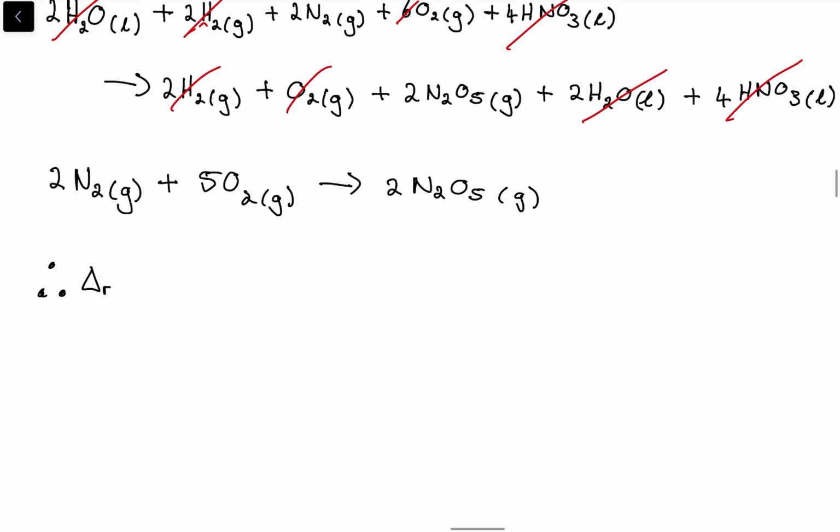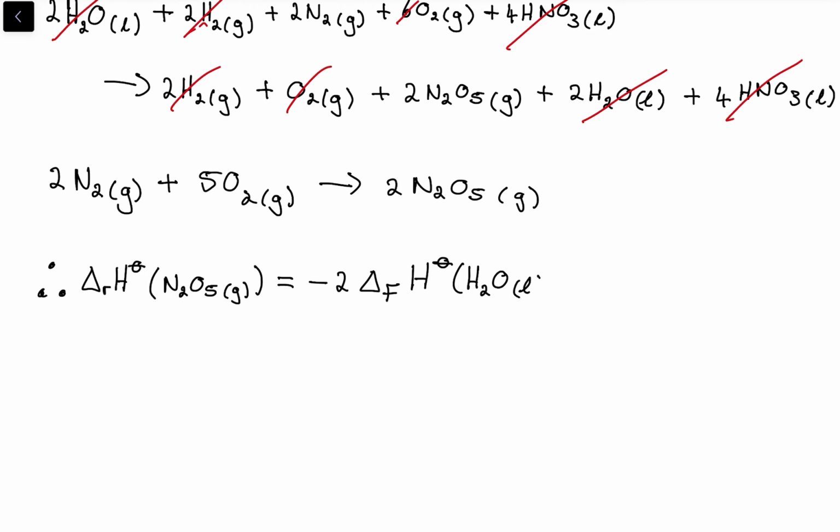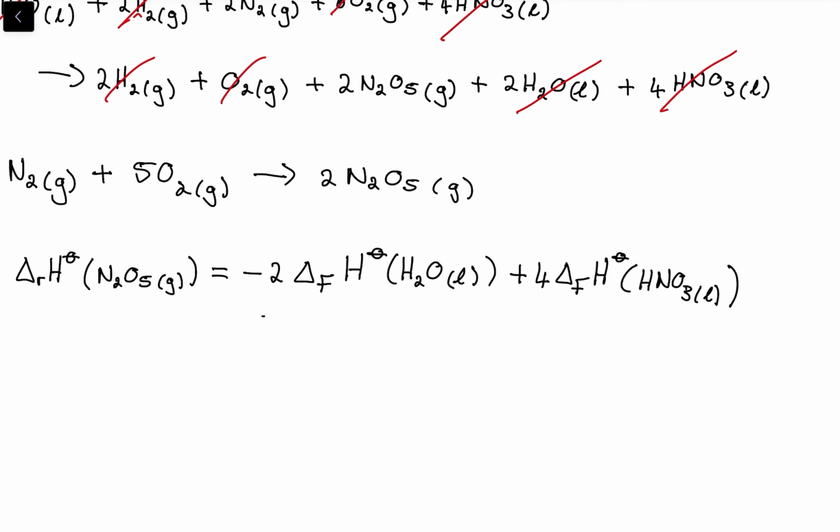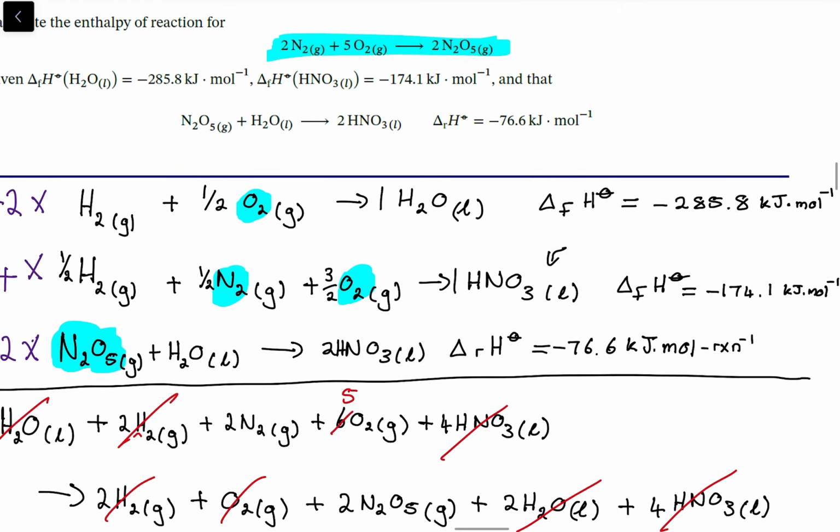So the enthalpy of reaction for, I'm going to call it for N2O5 gas, is then minus 2 times the formation enthalpy of liquid water plus 4 times the formation enthalpy of nitric acid minus 2 times the standard reaction enthalpy of nitric acid, HNO3 liquid.